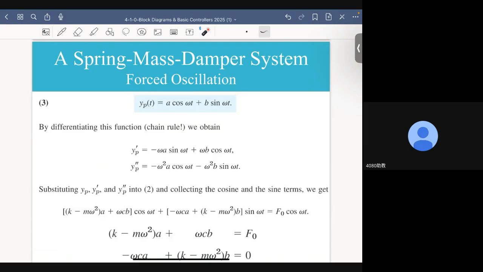To determine what A and B should be, we just substitute this representation into the equation of motion, or the so-called governing differential equation.